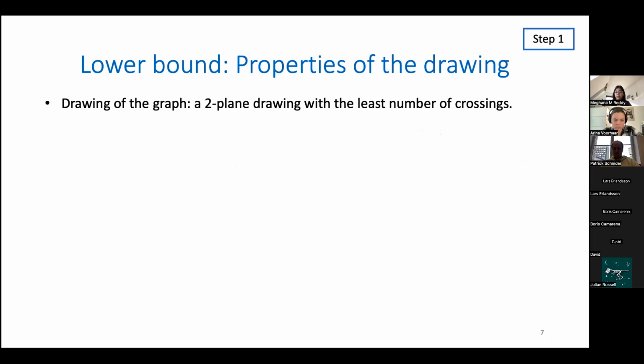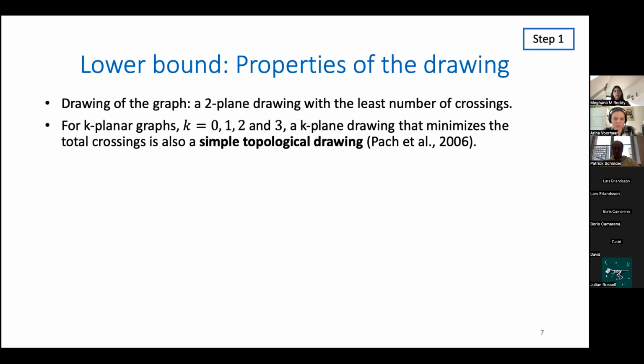Okay, makes sense because it's easy to argue about crossings, or we can find easy contradictions with the number of crossings. But in addition, picking the drawing with the least number of crossings has another advantage. That is because we know this theorem that a two-plane drawing that minimizes the number of crossings is also a simple drawing.